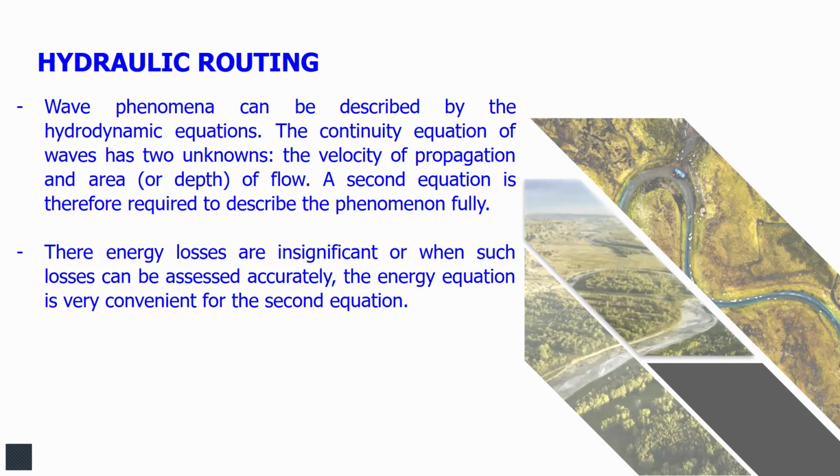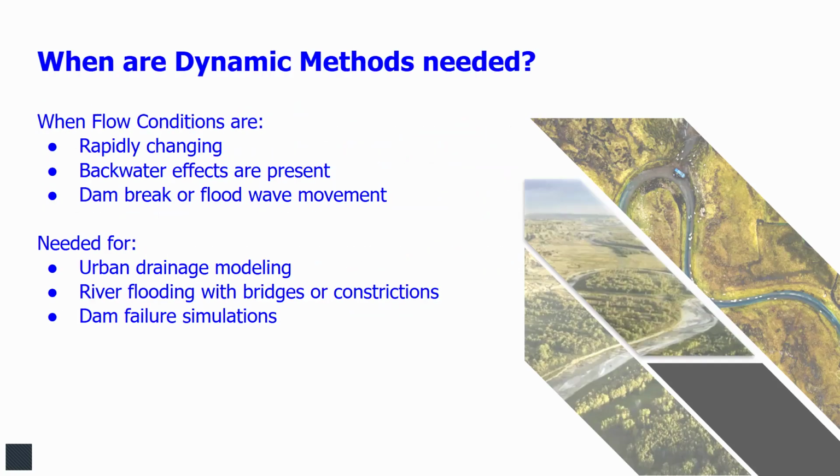Since it has two unknowns, we need two equations. When energy losses are insignificant, or when such losses can be assessed accurately, the energy equation is very convenient for the second equation.